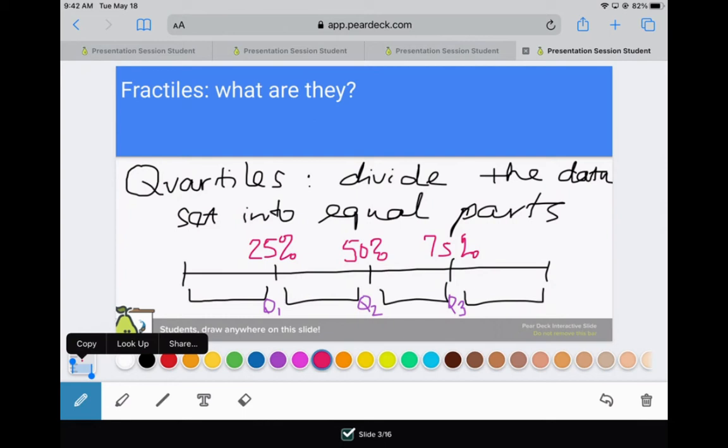For quartile 2, it's about 50% of the population that have that score. And for quartile 3, it's about 75% of the population that make that choice, or have that score or that income, or whatever we want to look at, right? So this is what quartile is for.